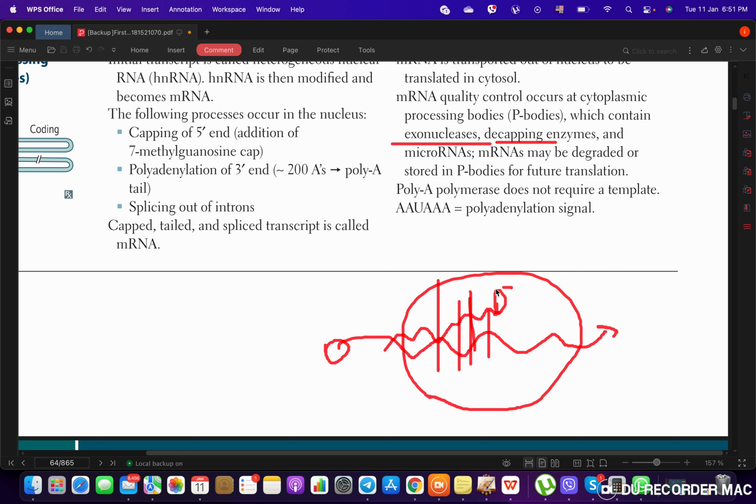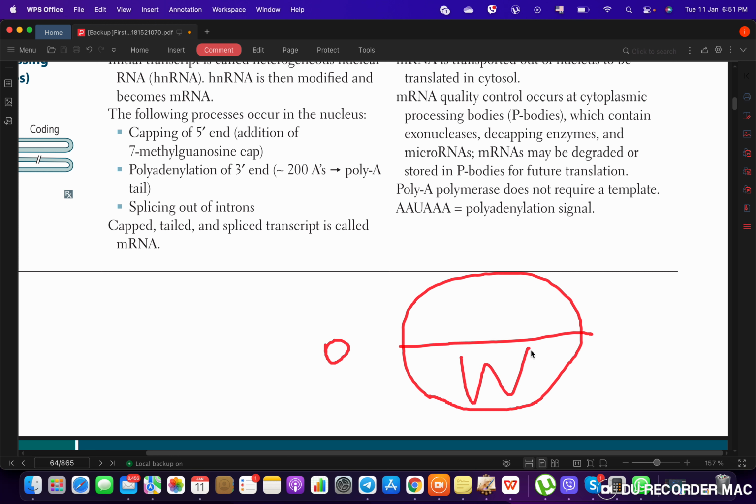It will decap it, remove the hat, and basically destroy it. The mRNAs may be degraded or stored in the P bodies for future translation. So the good guys go here, and the bad guys go there.